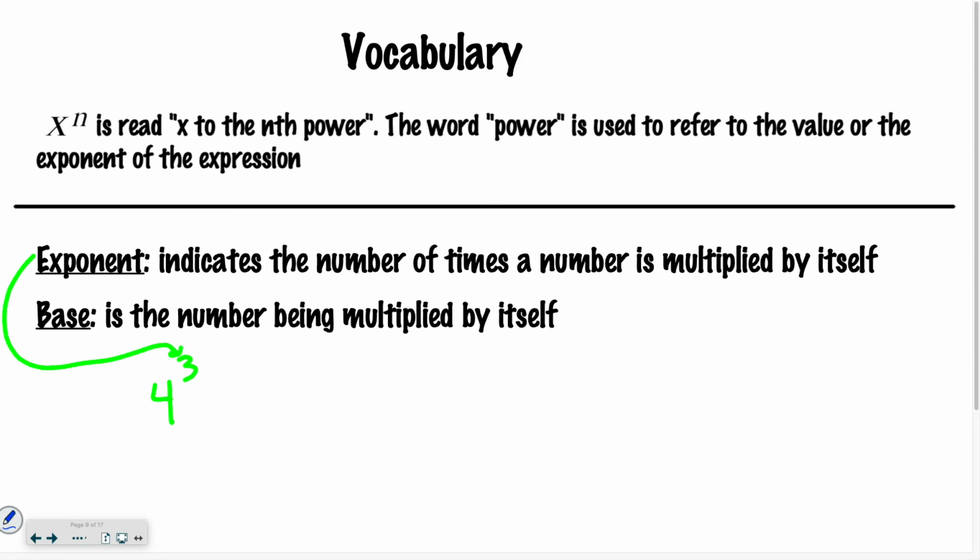It's saying that I'm going to have 3 4s all multiplied together. And then the base is the number that repeats. The exponent tells you how many times it repeats.